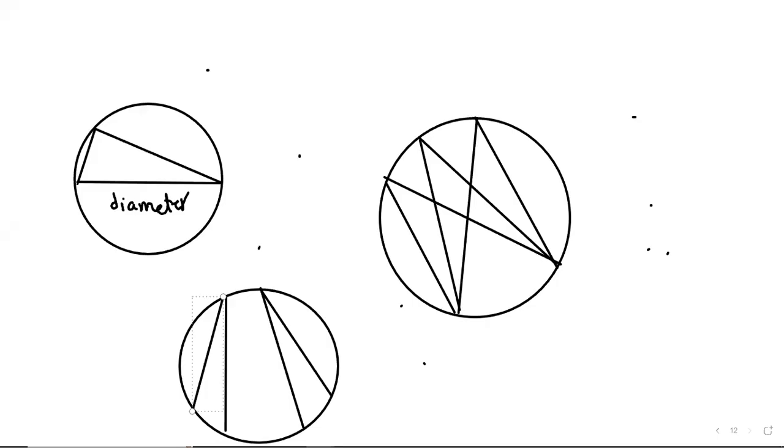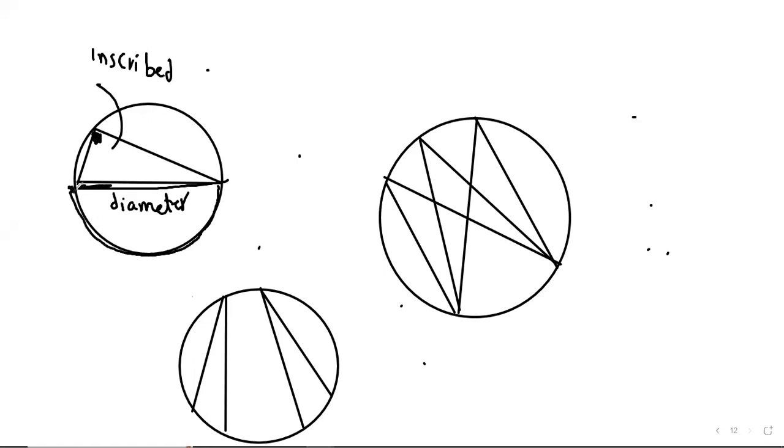The inscribed angle drawn in a semicircle is right. This angle here is an inscribed angle, and this is a diameter. The inscribed angle drawn in the semicircle directly is a right angle.